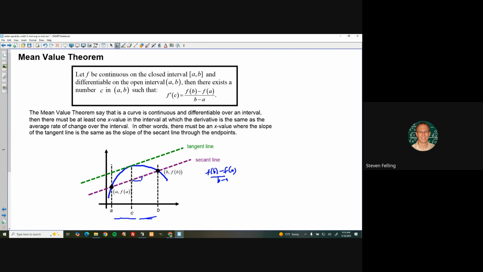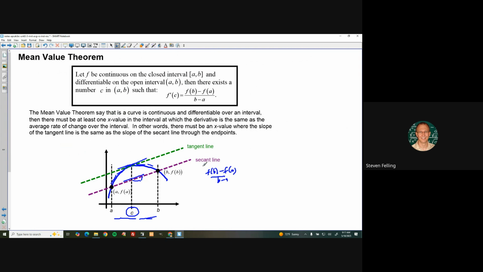Then that means that somewhere in here, if you were to look at all the tangent lines, all the instantaneous rates of change, there has to be at least one c in that interval where the tangent line slope is equal to the average rate of change slope, which we could call the slope of the secant line.